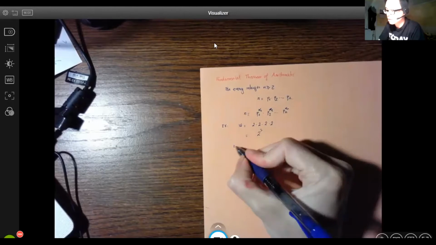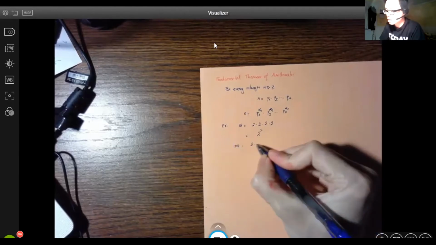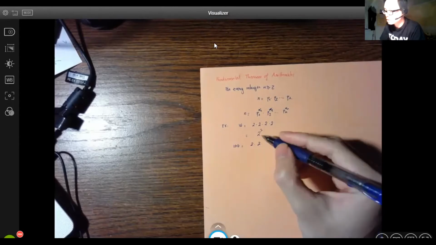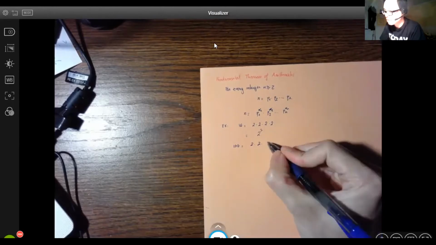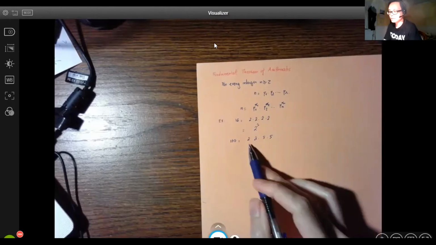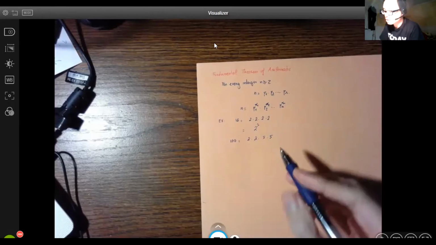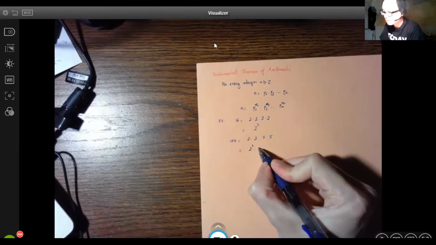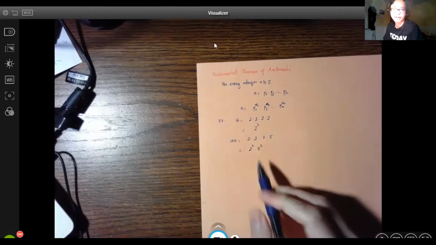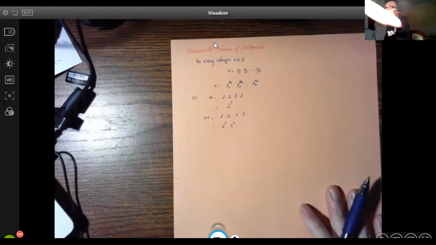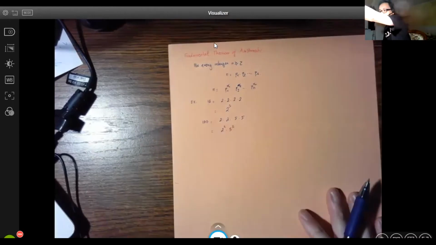So 100 is 2 times 50, and 50 divided by 2 is 25, which is 5 times 5, right? So you see 2 and 2 is repeated, but it also can be written as 2 to the second power times 5 to the second power. You see that 2 and 5 are distinct primes. All right. So basically, that's what the fundamental theorem of arithmetic is.